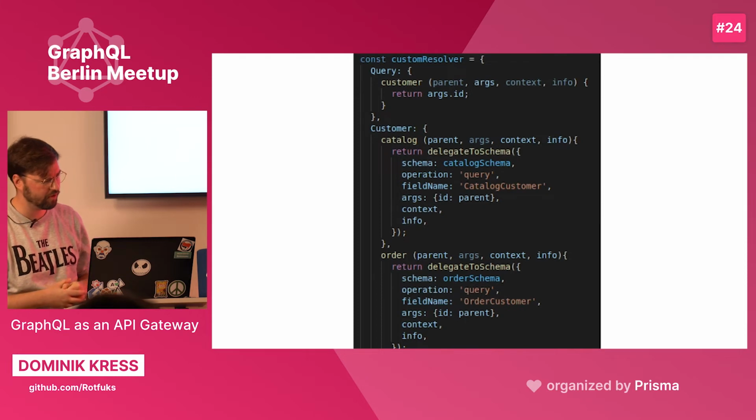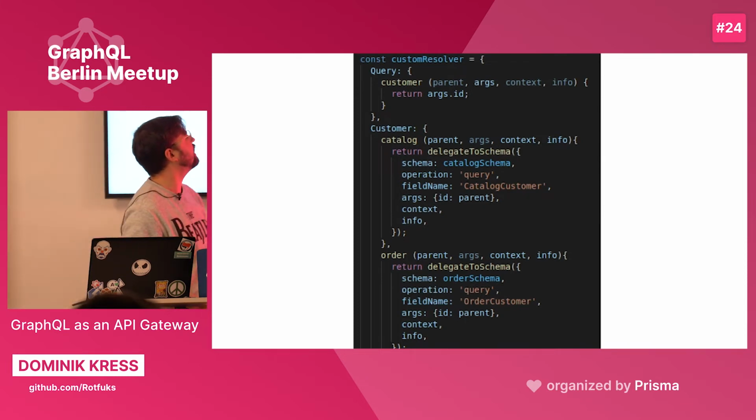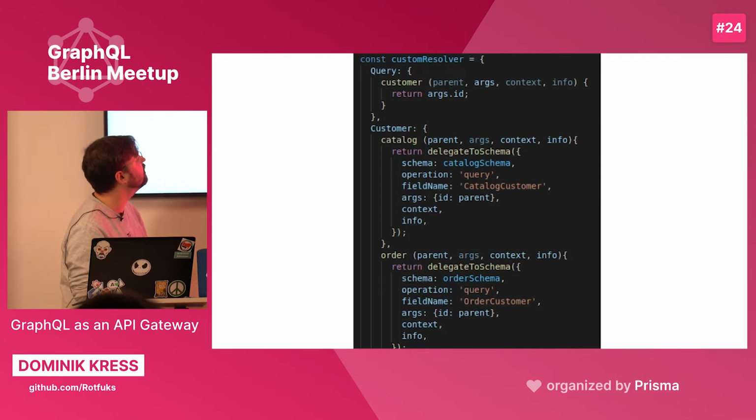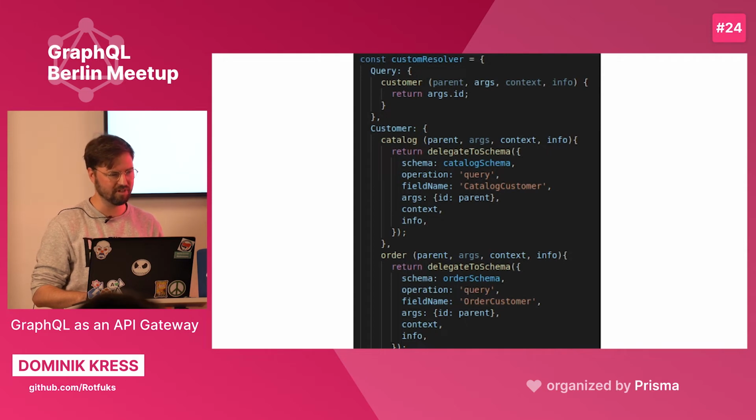Then we create the resolvers for it. Here you can see that we link to the catalog schema and here to the order schema and delegate to that specific one whenever we get the field order customer or the field catalog customer. So with that, we resolve to the right executable remote schema.